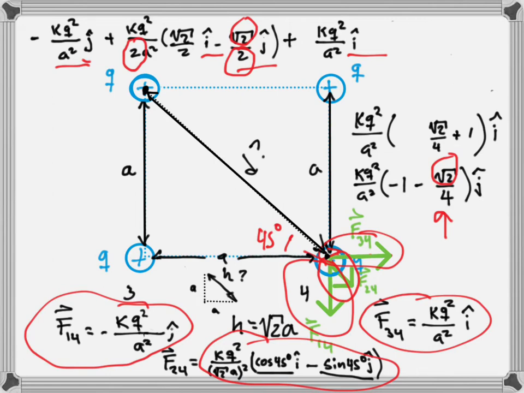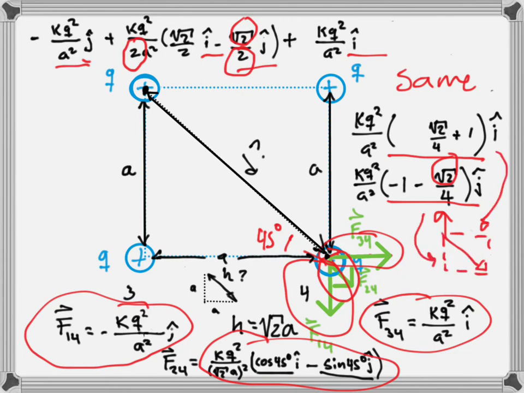So I put together the terms that have i hat, and together the terms that have j hat. Notice that this term and the other term are the same, except that one is positive and the other one is negative. Everything is the same. We have the square root of 2 over 4 plus 1, just that the second term is negative.